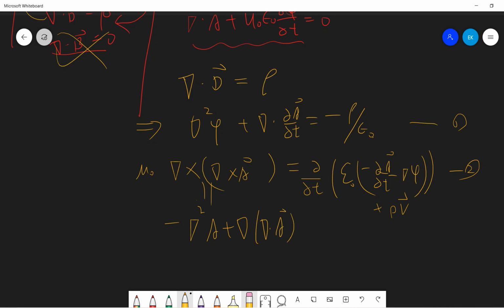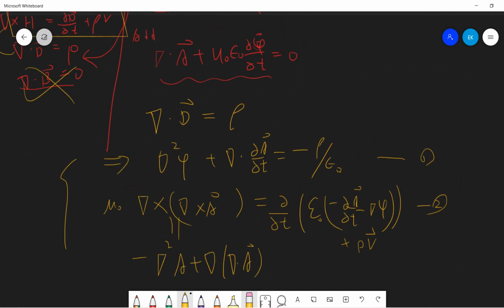And so you can clear these things. You have A and t, and you want to eliminate both. Then the Lorentz condition helps, because for this one you get the partial A partial t.